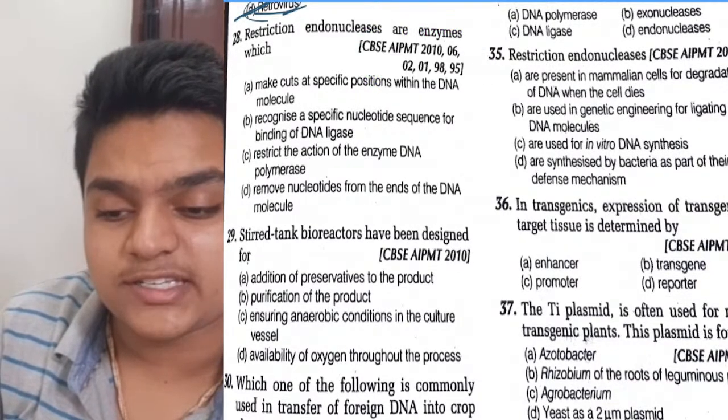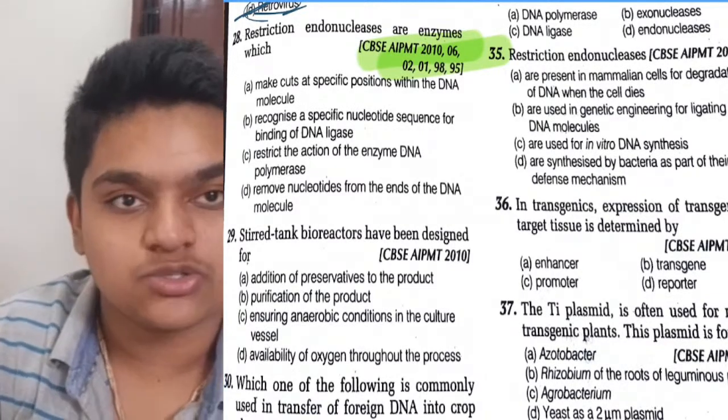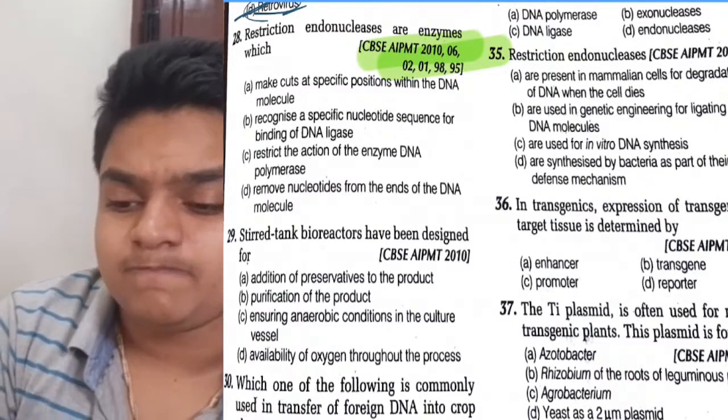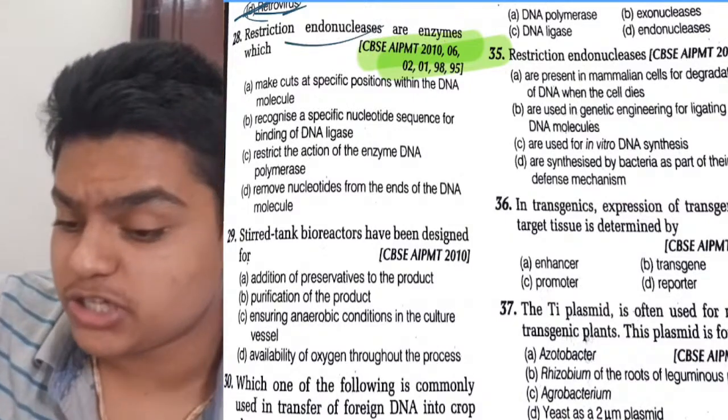These many times this question has repeated, and if you answer it wrong, it is so bad. So let us answer it correctly. It is asking the definition of restriction endonucleases by giving you 4 statements.